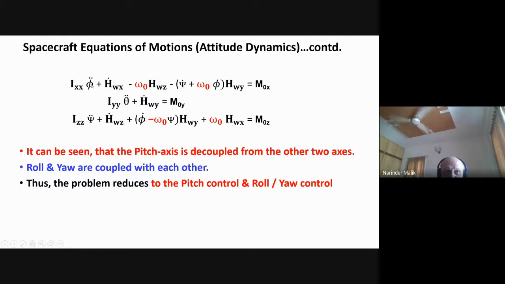So roll and yaw are coupled equations. The coupling is coming because of two things: one is omega naught, and the other is the momentum, omega naught hwx. Since the pitch equation is decoupled from the roll and yaw, we can design the pitch axis control separately and the roll yaw control separately.